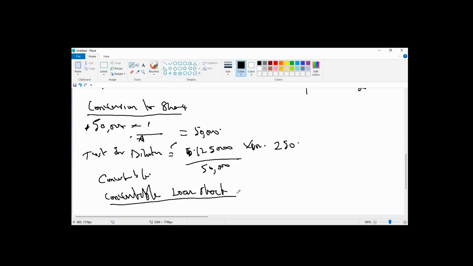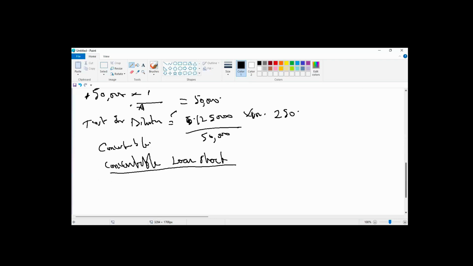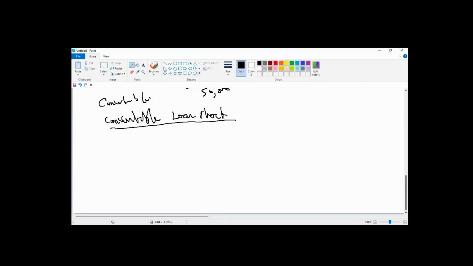What is the interest on the loan? 10%. So how much?